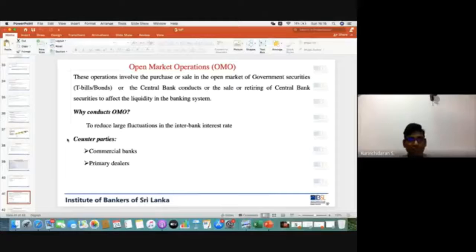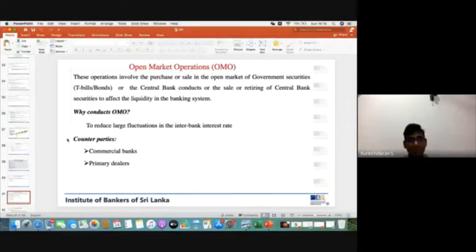Okay, now open market operations. These operations involve the purchase or sale in the open market of government securities or central bank securities, to affect the liquidity in the banking system, right? We know this, we discussed.